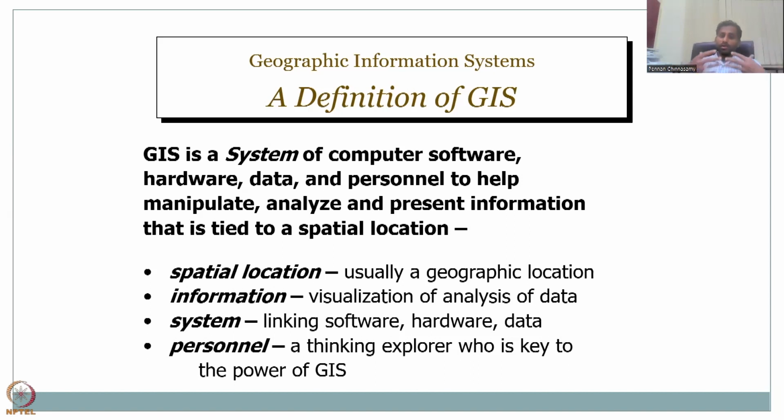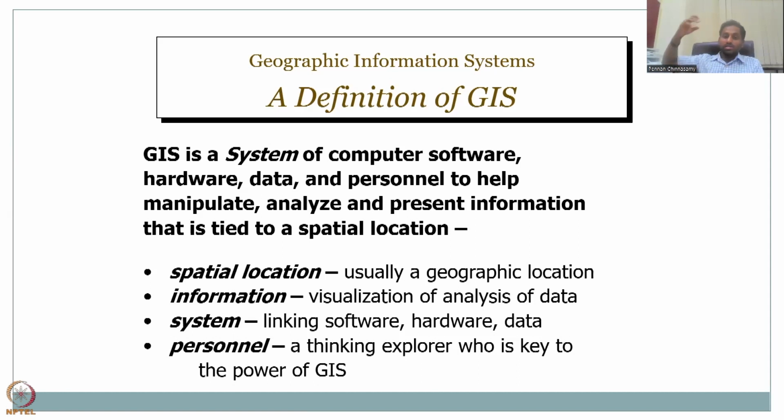Then you manipulate, analyze, and present the information as a spatial location. So here, the different terms: spatial location is a geographic location. As I said, Chennai is a city. It's a location. It has longitude, latitude. And if I pin data to Chennai, it is anchored in Chennai, right?